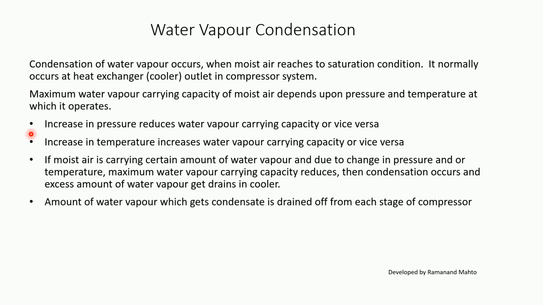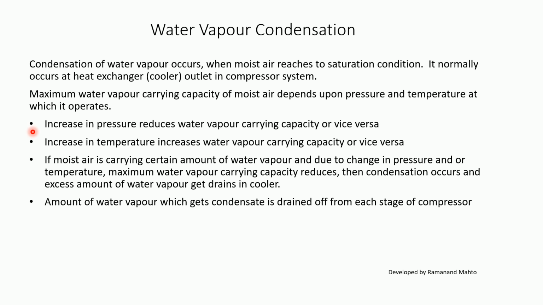So there is a relationship: increase in pressure reduces the water vapor carrying capacity, or vice versa. Increase in temperature increases the water vapor carrying capacity, or vice versa. So in compressor, increase in pressure will reduce the water vapor carrying capacity, and increase in temperature will cause increase in water vapor carrying capacity.